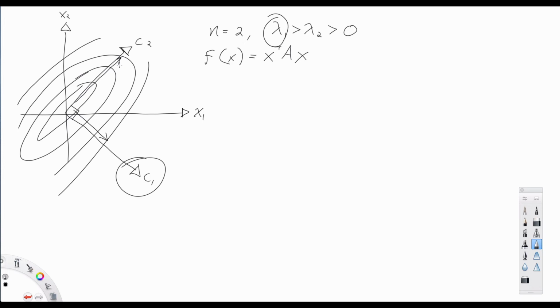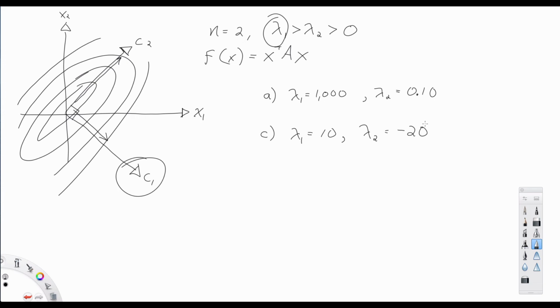If we are moving in either the C1 or C2 direction, and both eigenvalues are negative, then that means f of x is going to be decreasing as we increase either C1 or C2. So that means we have a concave down function, and then the origin is going to be a maximum instead.